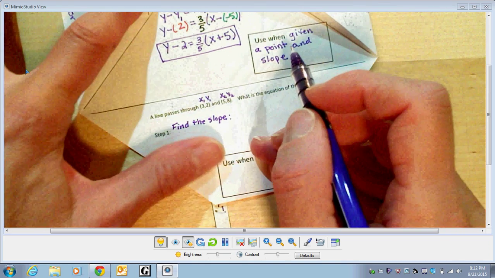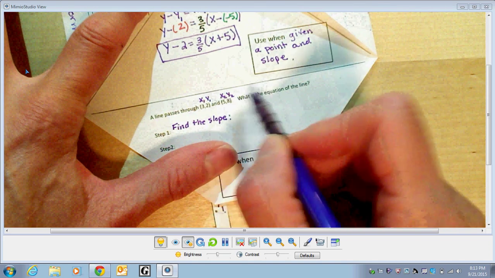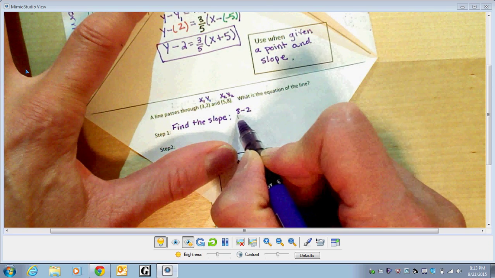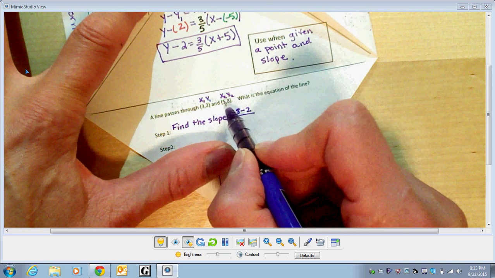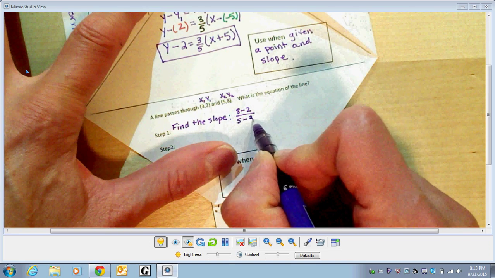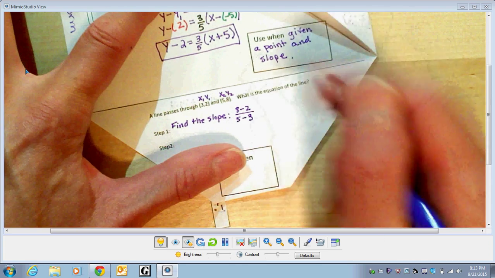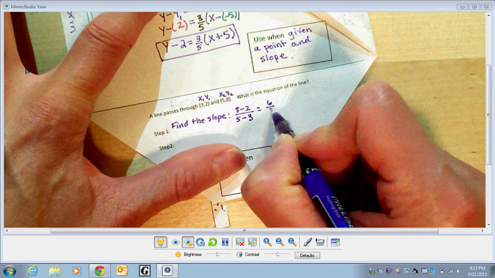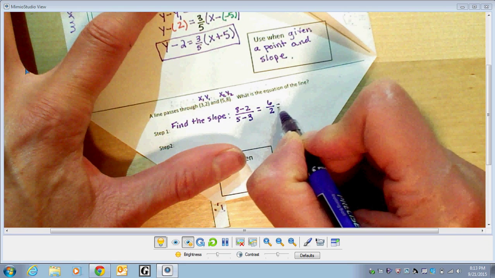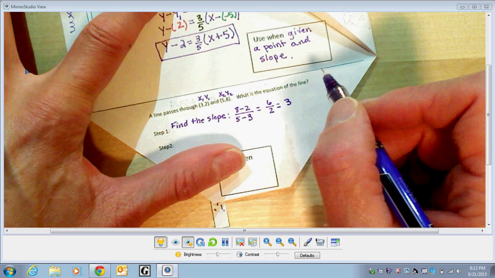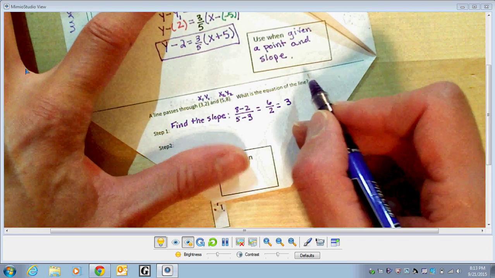So I know the slope is going to be y2 minus y1, so that's 8 minus 2 over x2 minus x1, 5 minus 3. So that gives me 6 over 2, and if I simplify that, that means that my slope is 3. Okay, so that's my slope.